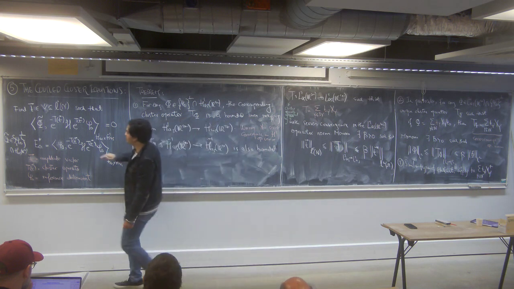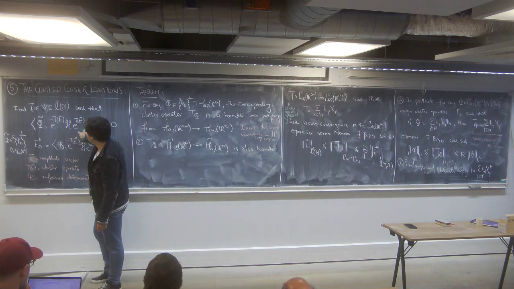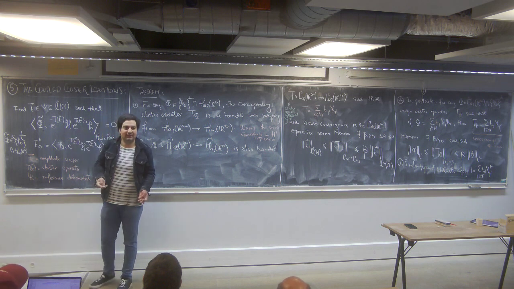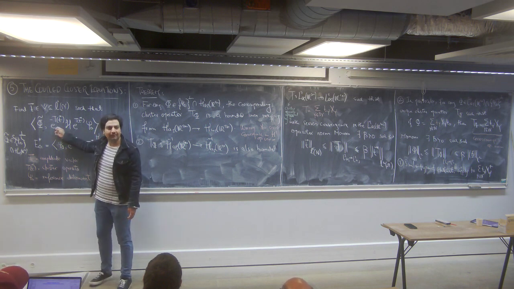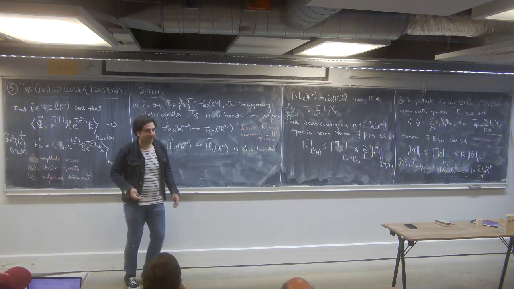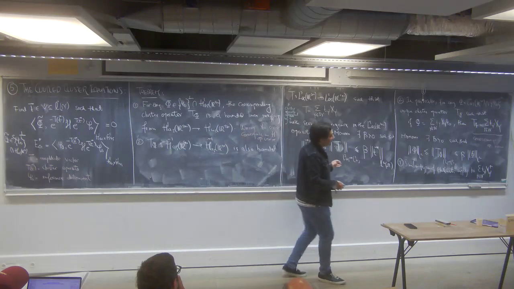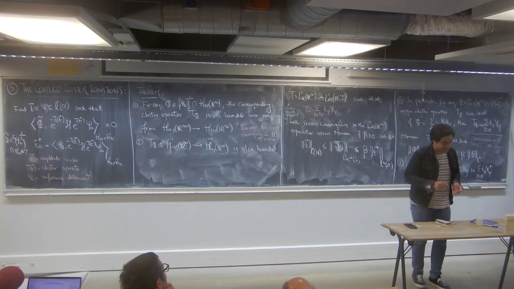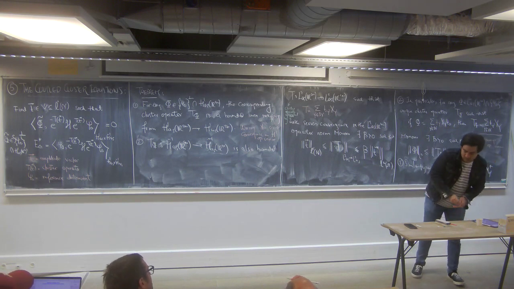This is important because you see here, my Hamiltonian takes as input something which is in H1, and gives me as output something which is in H minus 1. And here again, I'm applying a cluster operator, so I want to make sure that I can go from H minus 1 to H minus 1. This result is actually not that difficult, because once you have H1 to H1, you can use duality arguments to get H minus 1 to H minus 1.